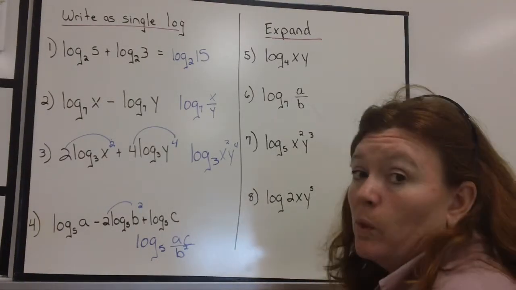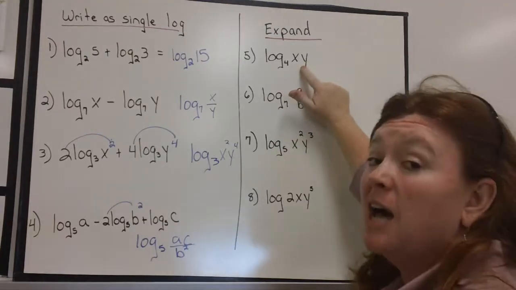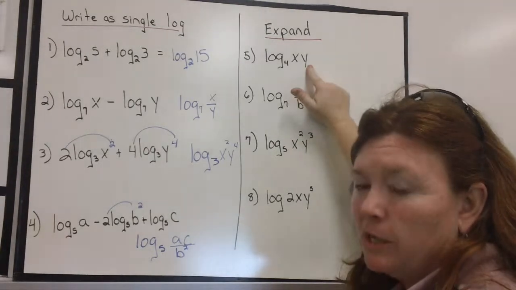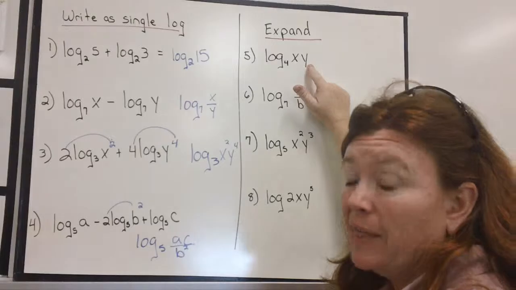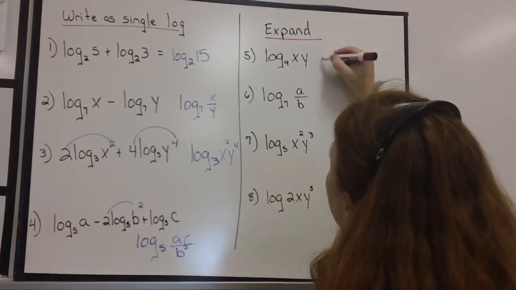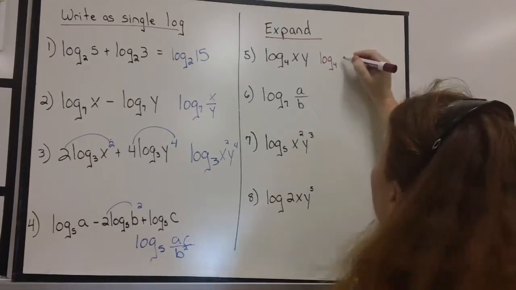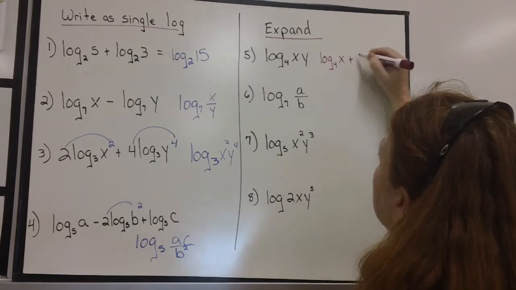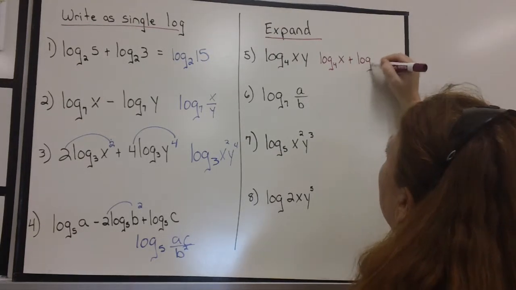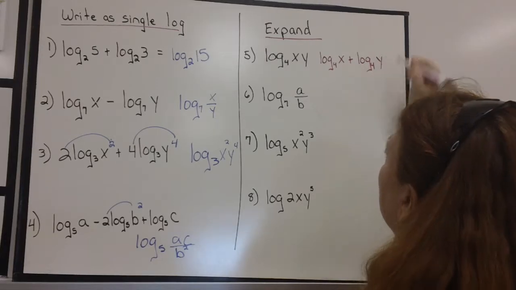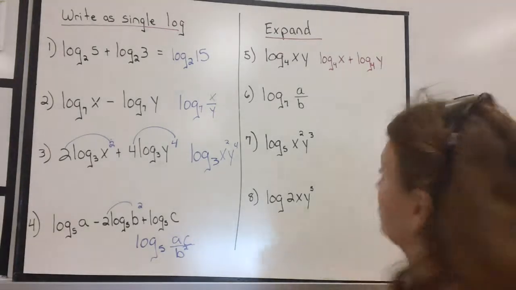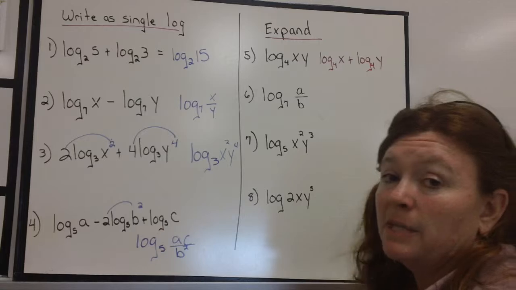Okay, I'm going to have more than one log. I have an x times a y. When you multiply, what do you do to the powers? You add them. So this is going to be a log, don't forget that it's a base 4, of x plus a log base 4 of y. And so I separated them into 2 logs.